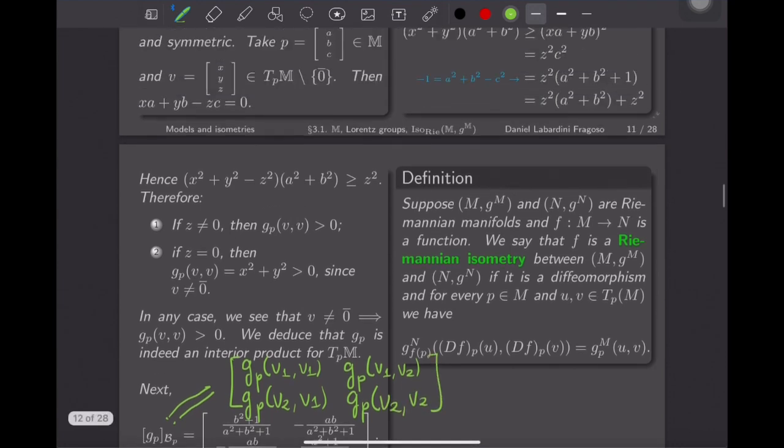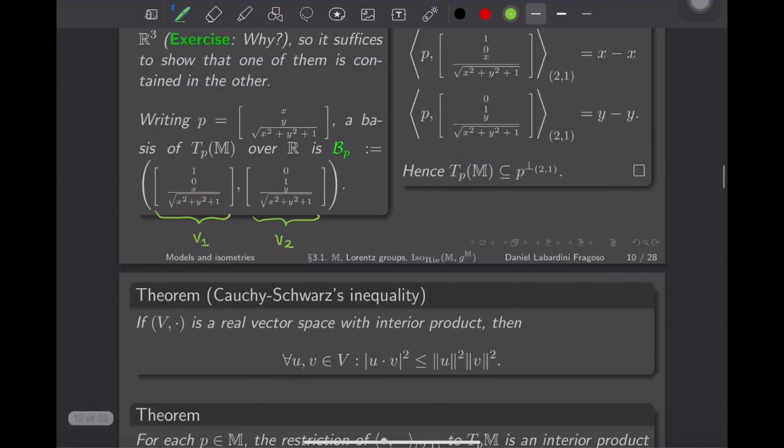Right? So all I need is to take my two vectors and consider all possible pairings. This with itself, this with this one, which is going to have to be the same because it's symmetric, and this with itself.